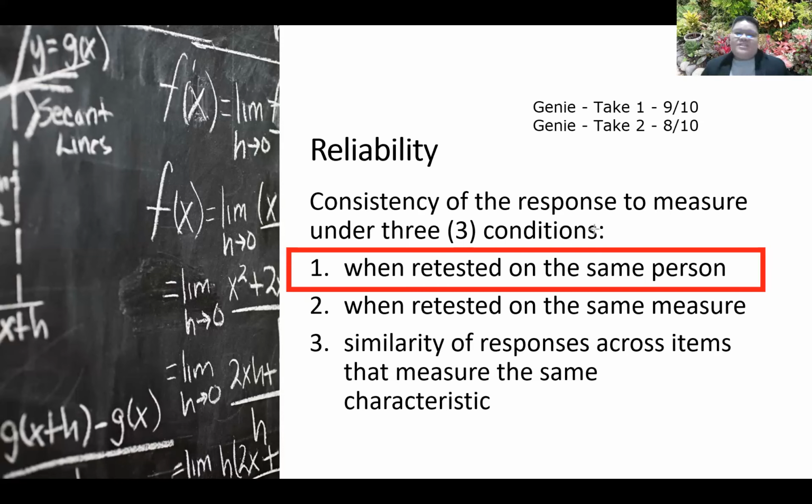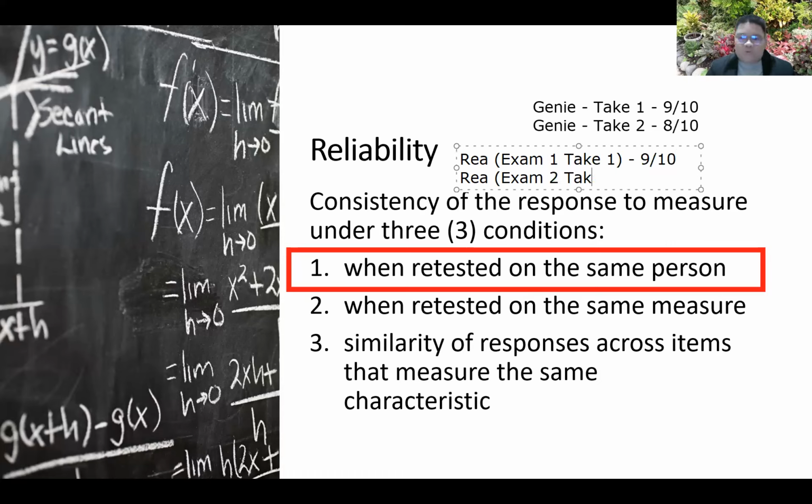Now, let's take another example. Let's say Rhea took exam 1, for the first time, and she got a score of 9 out of 10. Then Rhea took exam 2, also the first take, and she got a score of 8 out of 10.